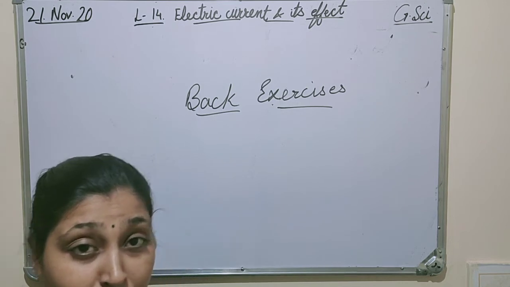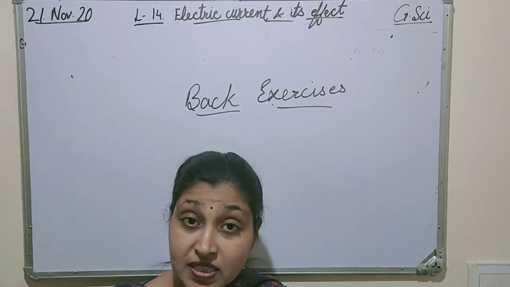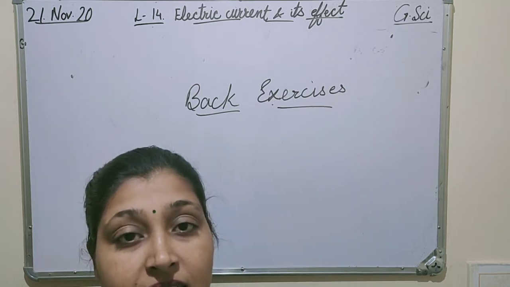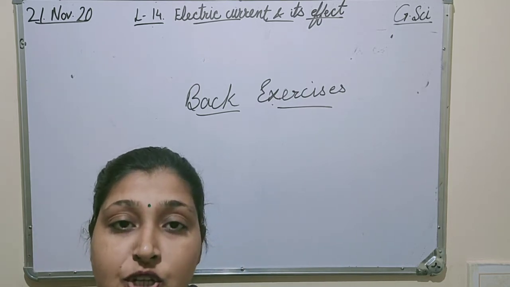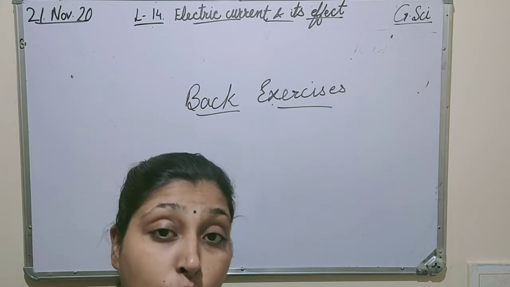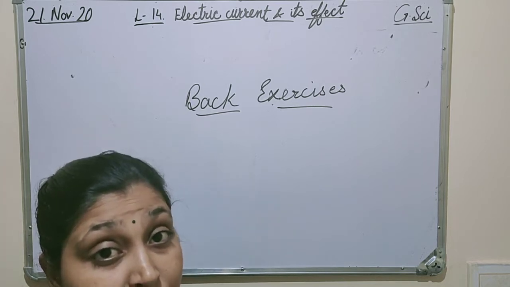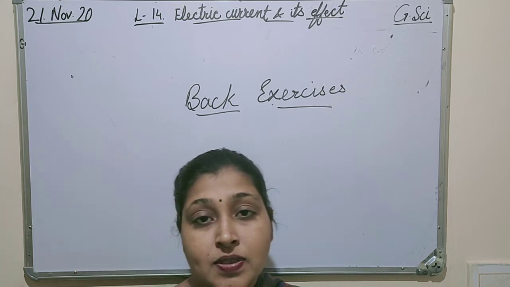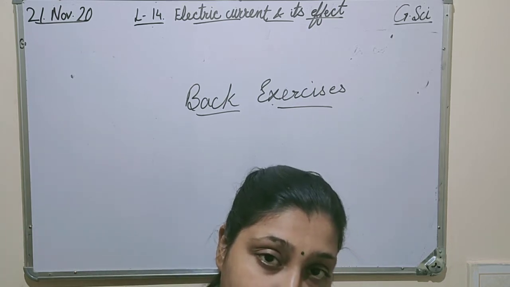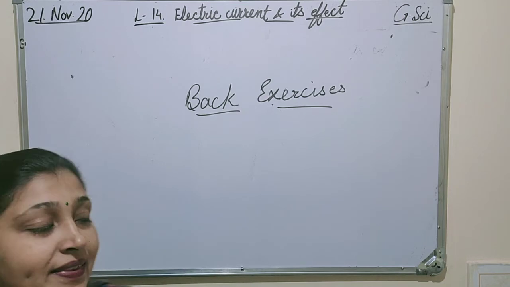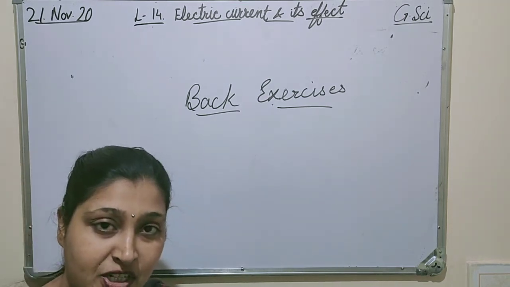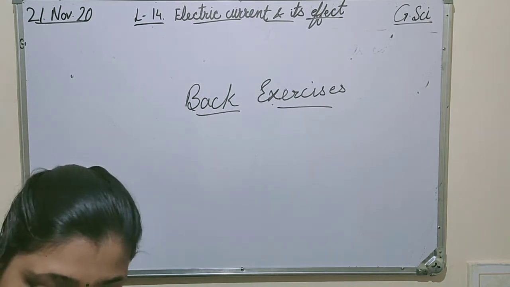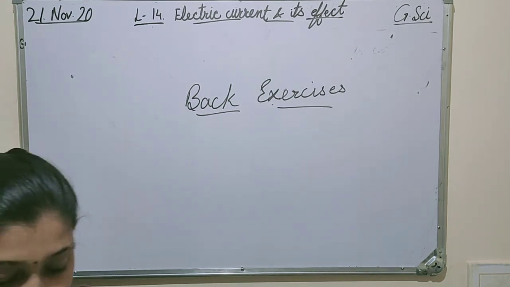Beta, I told you the magnetic needle shows deflection only when current is passed, and in question number 7, the source of current, that is the cell or battery, is missing. How will current flow? And if no current flows, then no magnetic field is created, and obviously there is no deflection in the needle. So what is the reason? Because there is no source of electricity.